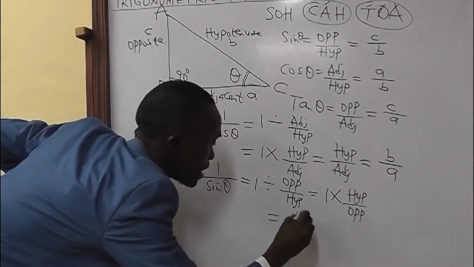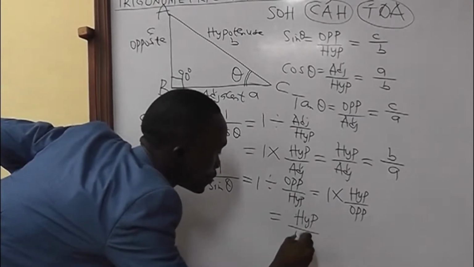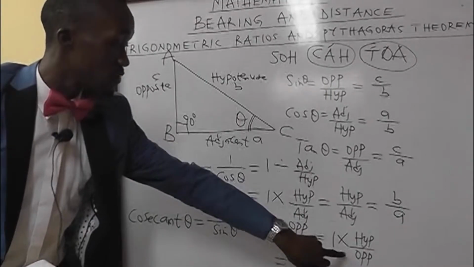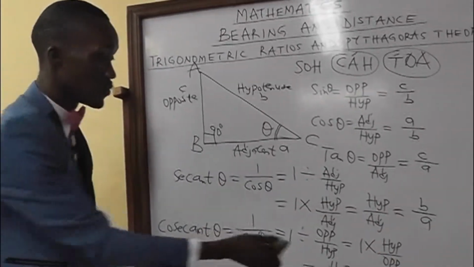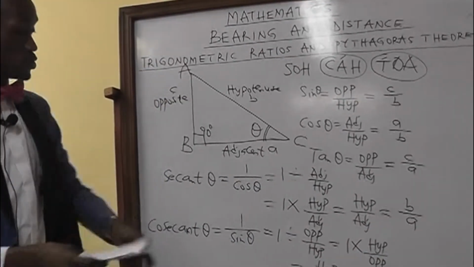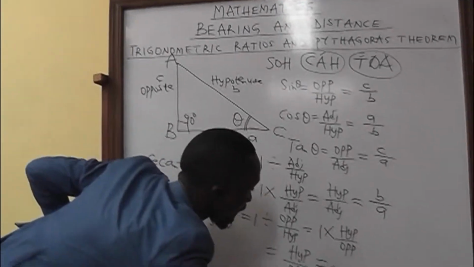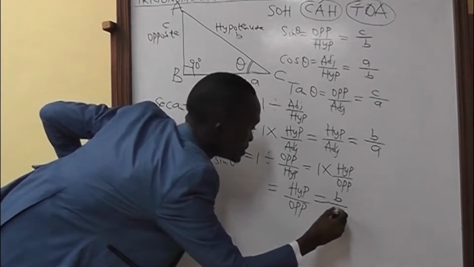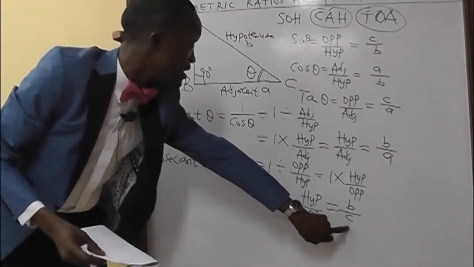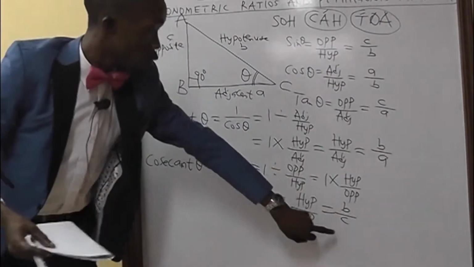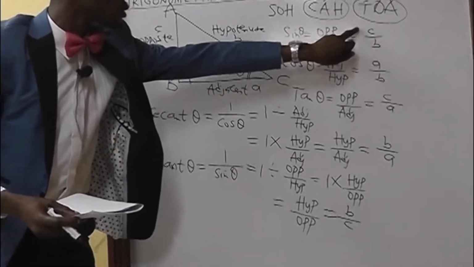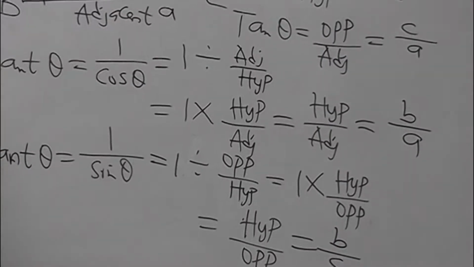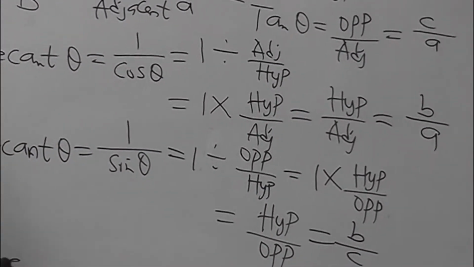So this one will be hypotenuse divided by opposite, because if you multiply 1 by any value, it will still give us that value. So hypotenuse there is B, then opposite is C. If you look at this and sin theta, we notice that the inverse of this is what is giving us cosecant. And the last one that we have here is what we call cotangent.